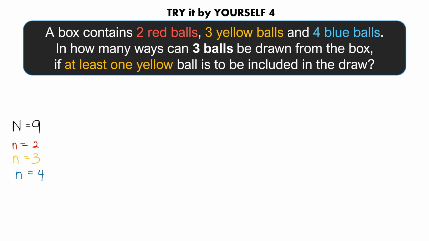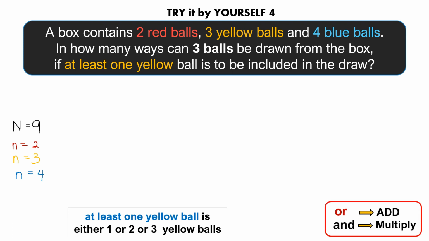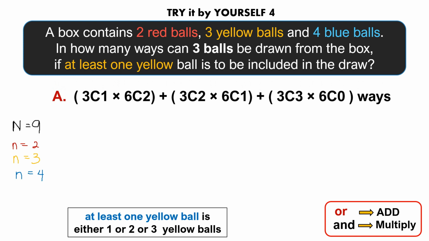At least 1 yellow ball means, in the combination, our options should include either 1 ball, 2 balls, or 3 balls. And here are the following choices in combination notation form. Is it A, quantity 3 choose 1 times 6 choose 2, plus quantity 3 choose 2 times 6 choose 1, plus quantity 3 choose 3 times 6 choose 0 ways.